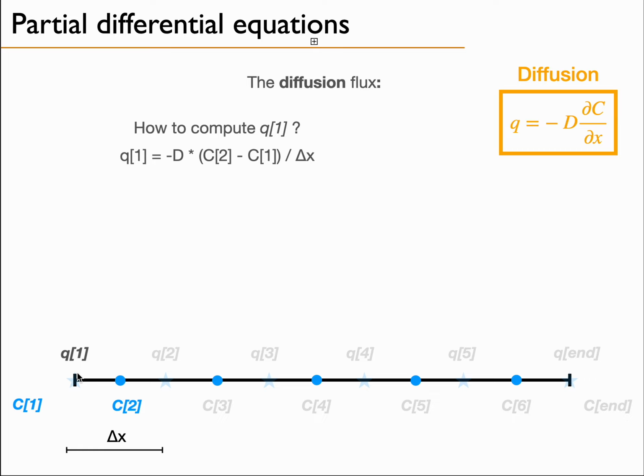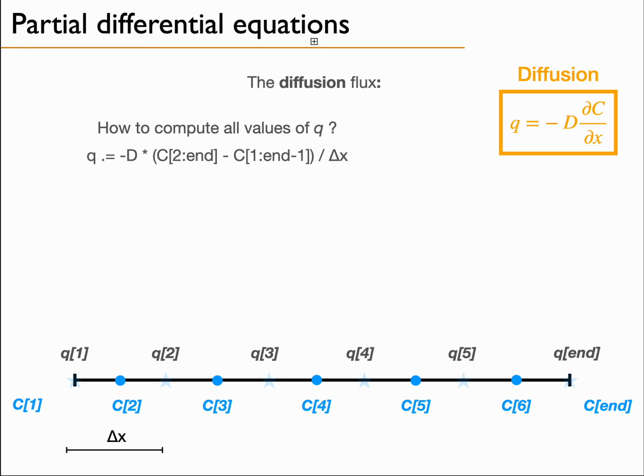So when we want to compute Q as a function of the gradient of C, it is actually convenient. If we want to compute all the values of Q now, let's say we want to update all the flux points from 1 to n, then we can use all the information from C. We can take all the C which are located to the right, 2 to end, minus all the C's which are located to the left, 1 to end minus 1.